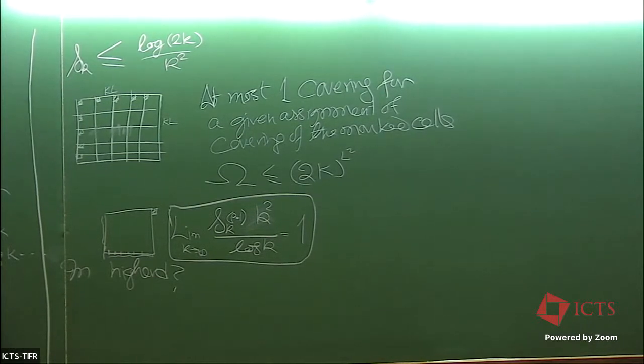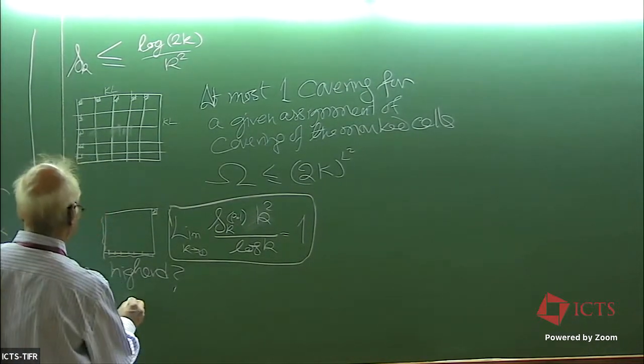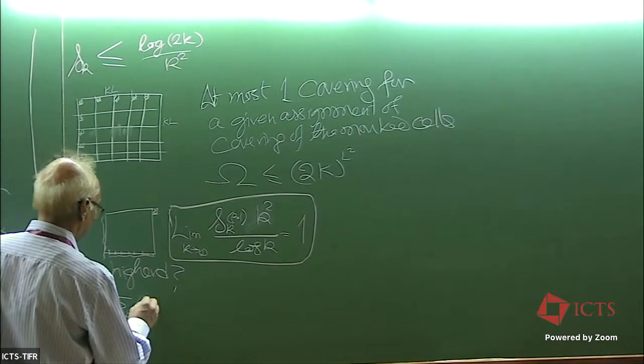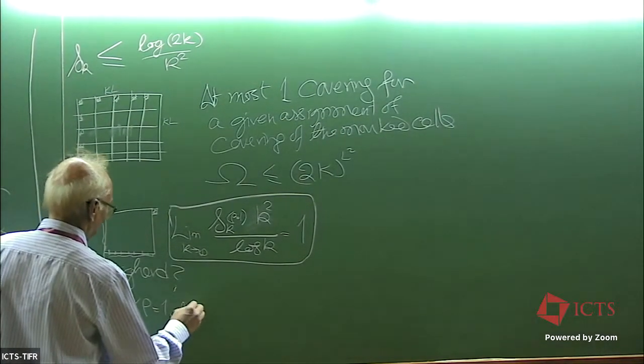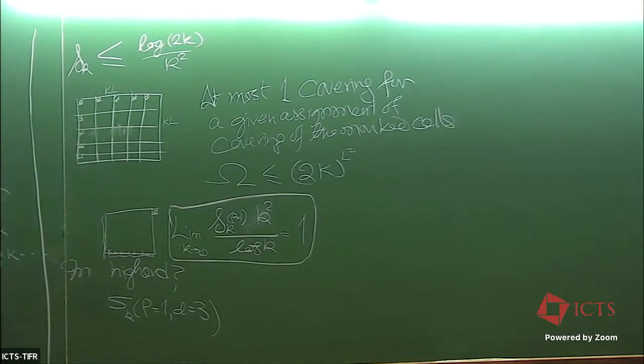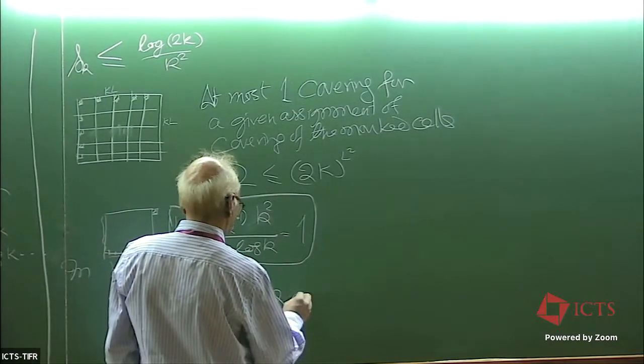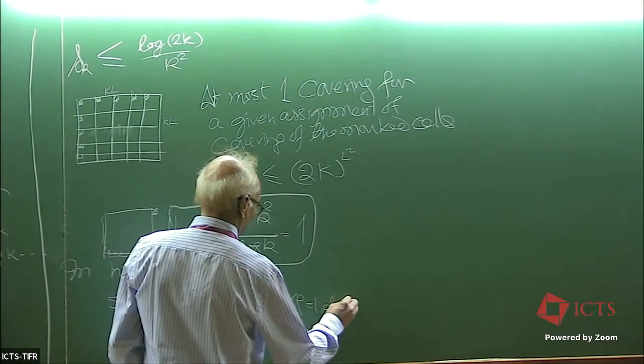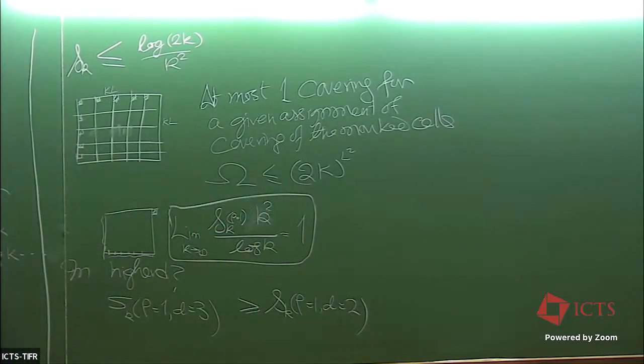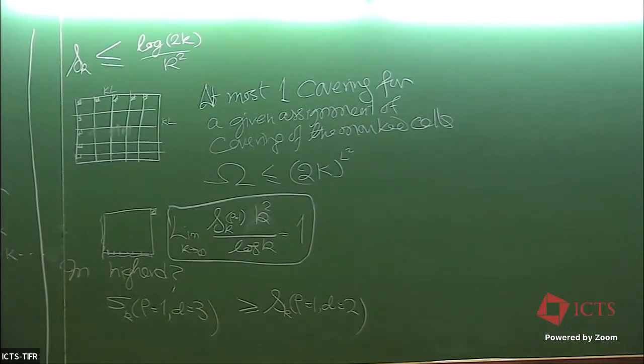The argument is like this. S(k, rho equal to 1, D equal to 3) is what we want to determine. And this is greater than or equal to S(k, rho equal to 1, D equal to 2). The point is that you can just take the three-dimensional space, cover it slab by slab. In each slab, you can cover it with D equal to 2 ways, and then you have more.